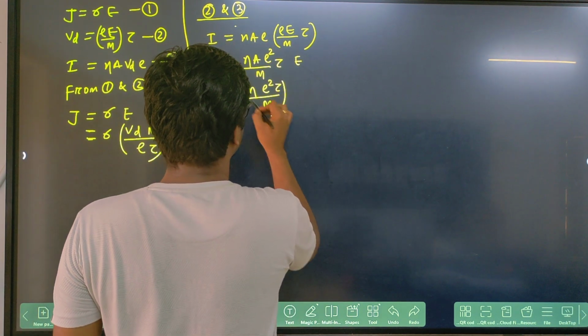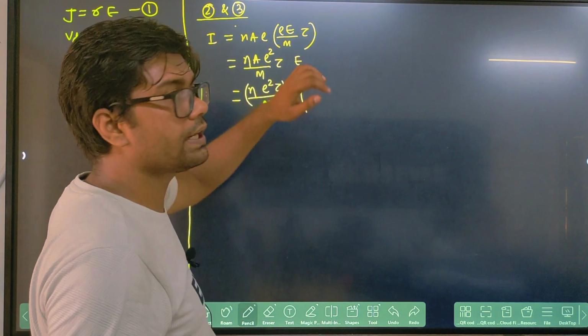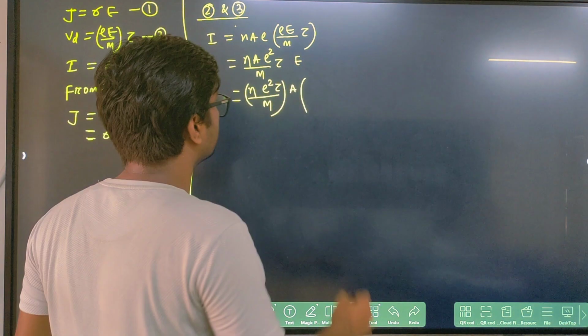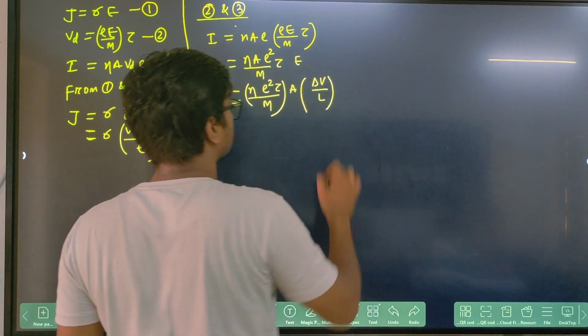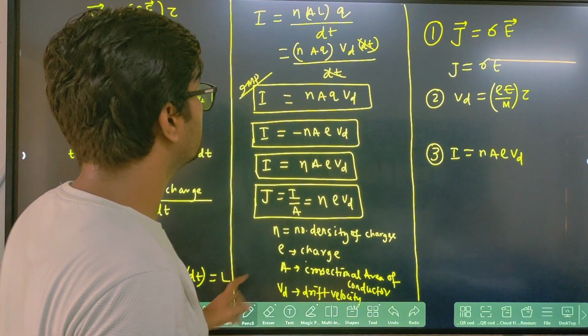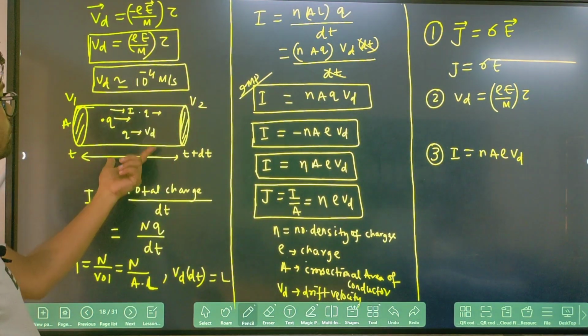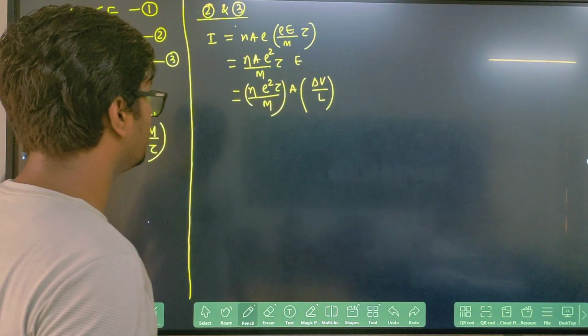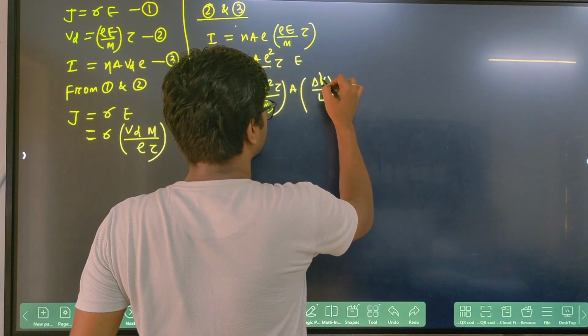And this will be your area, and electric field can be written as delta V by L, where L is the length of the conductor. So electric field is delta V by L, V1 minus V2 by L. This is the potential difference basically.